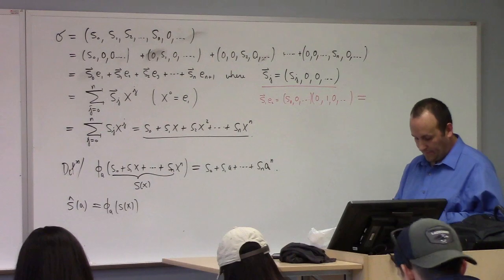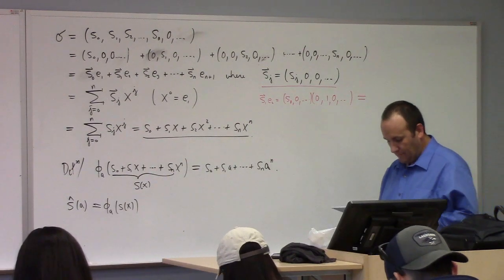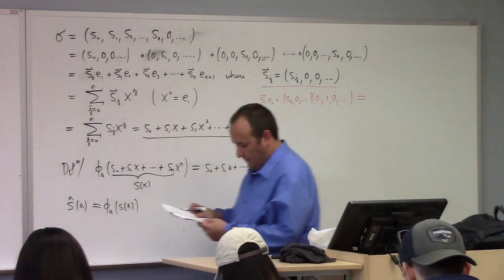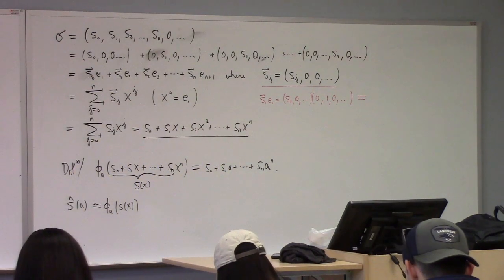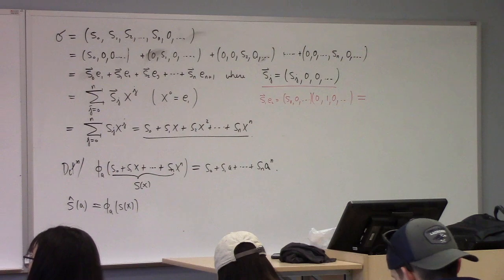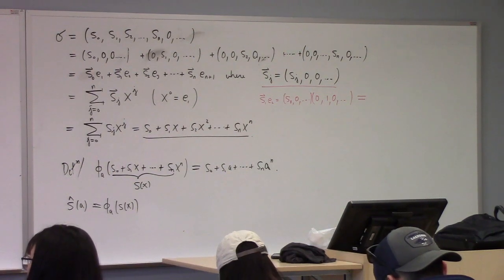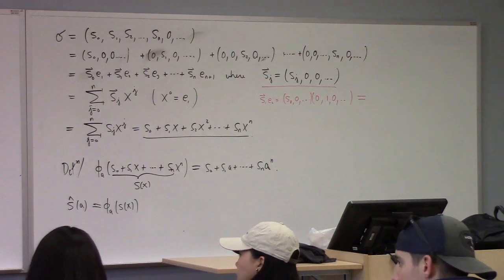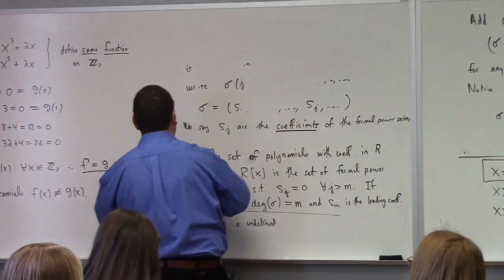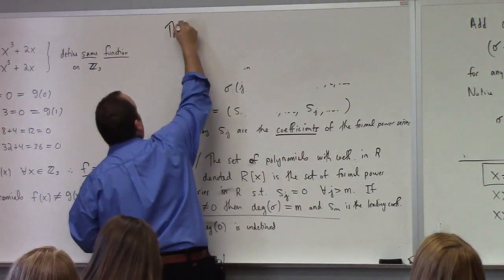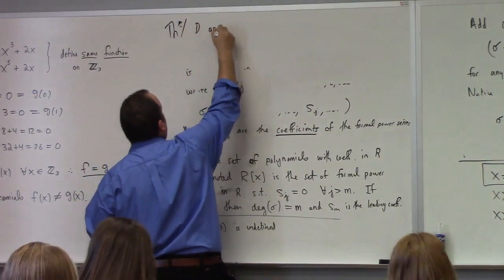Okay? Great. Theorem. What do you think? If D is an integral domain, is polynomials with coefficients from an integral domain an integral domain? What do you think? Theorem. D, an integral domain.